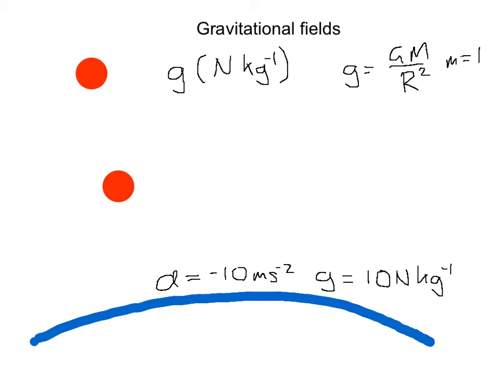So wherever you are, so long as gravity is the only force acting on you, your acceleration will always equal g. And so the acceleration of a satellite will also equal GM on r squared. So it's important to remember that your acceleration is the same as the gravitational field strength at any point in space.